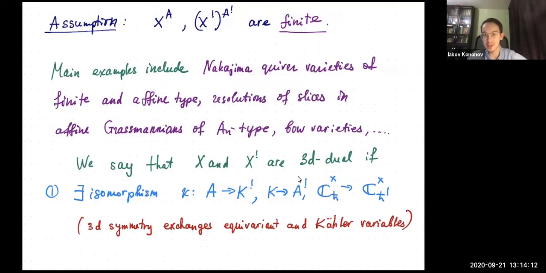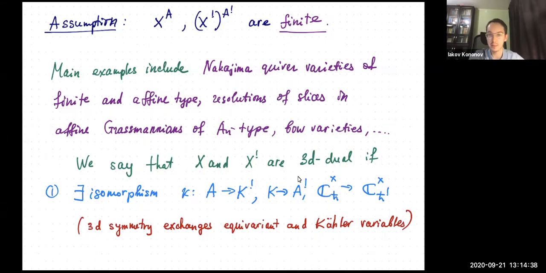We say that varieties X and X factorial are 3D dual if, first of all, there is a fixed isomorphism kappa between the equivariant torus of one variety and the Kähler torus of the other variety.